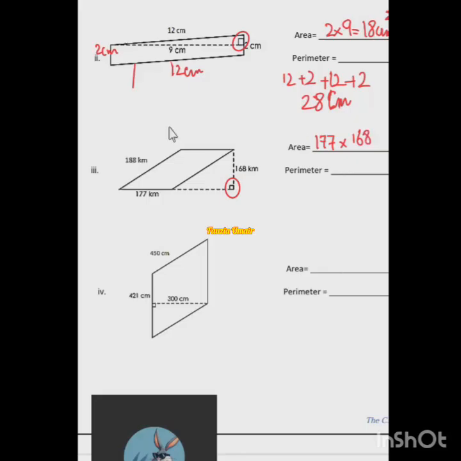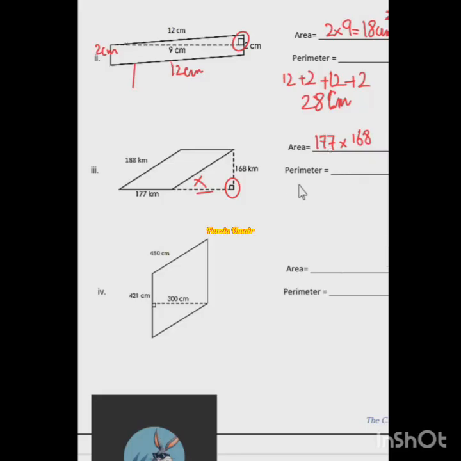Now in this particular question, you need to remember that this dotted side is not included. In this particular example the height is outside the shape, right? In the earlier one the height was inside the shape. The height is outside the shape, so this dotted line will not be included in the base. Base will be only 177 kilometer.